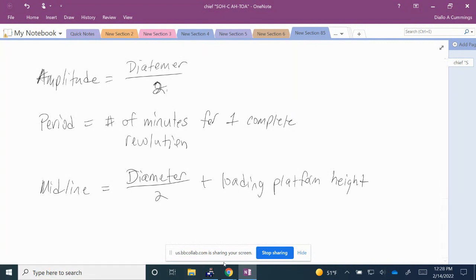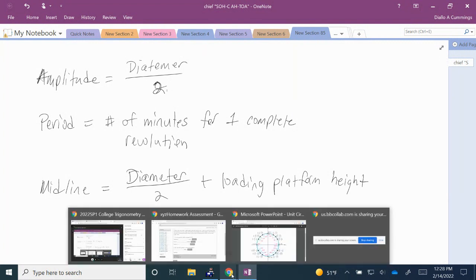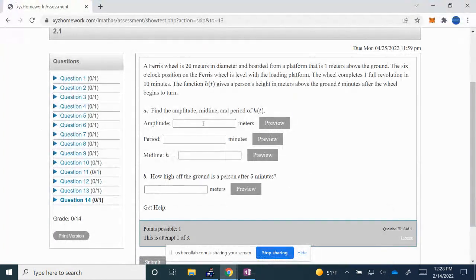So if I go back to our example, the diameter is 20. We divide the diameter in half, so we have an amplitude of 10.